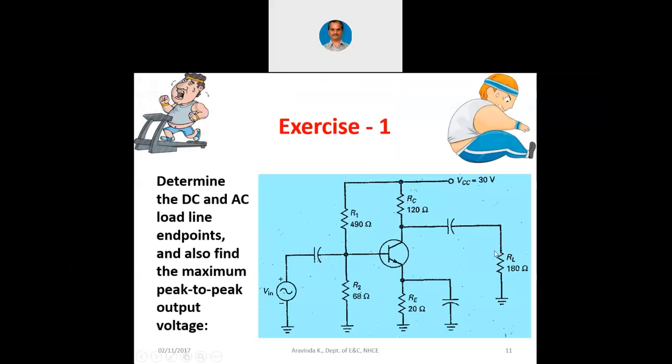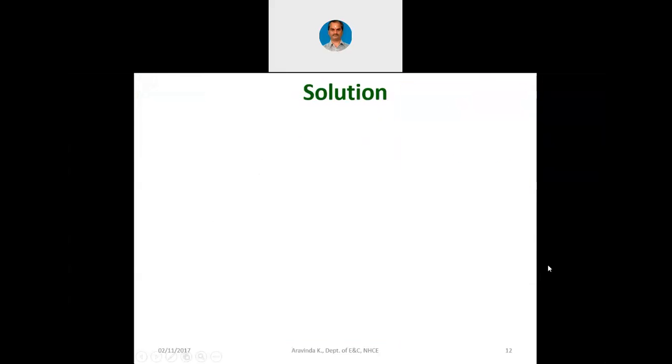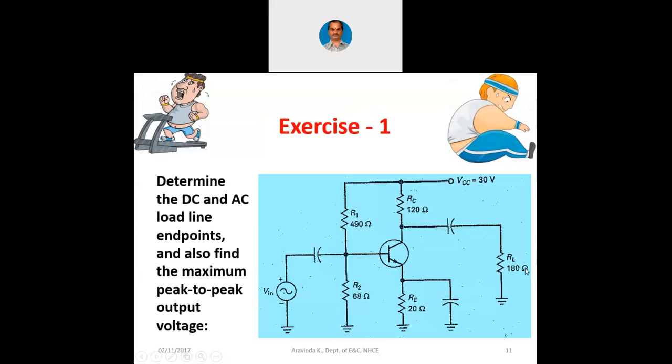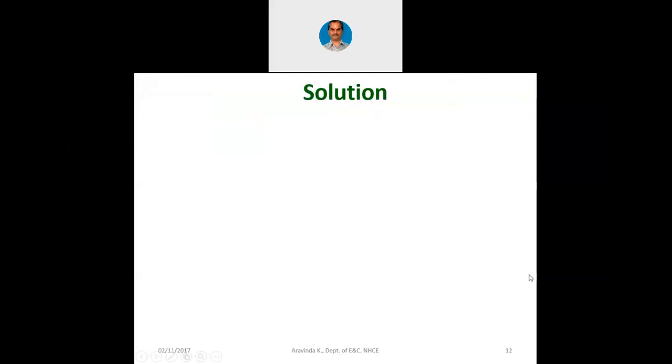RL was 180 ohms. So note down ICQ 148 milliampere, RL 180 ohms, VCC 30 volts.